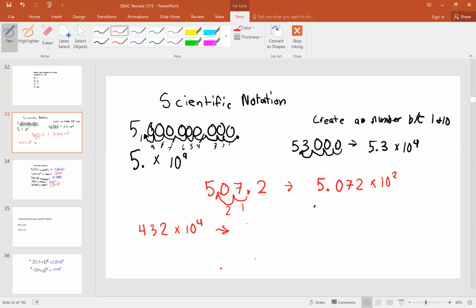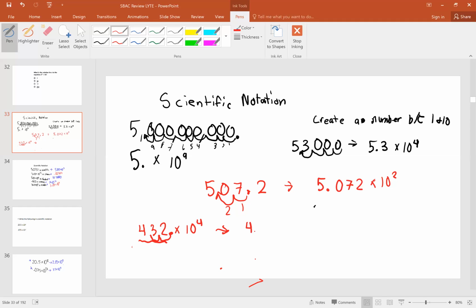What I would do to make this scientific notation is I have to have a number between 1 and 10. Currently, I have the number 432, so that's not a number between 1 and 10. So I put the decimal there, and let's think, would I move the decimal to the right or to the left? The only way I can get between 1 and 10 would be to move this decimal to the left 2 times. 1, 2.